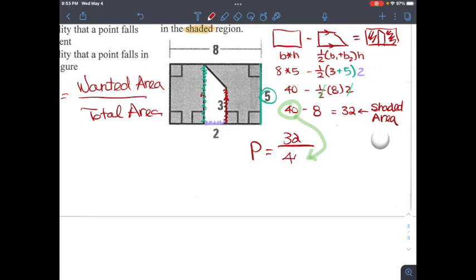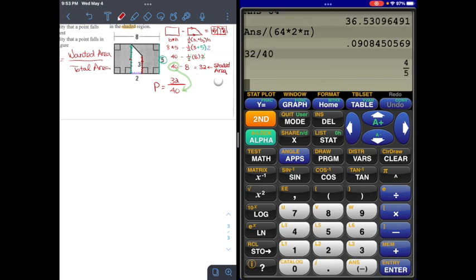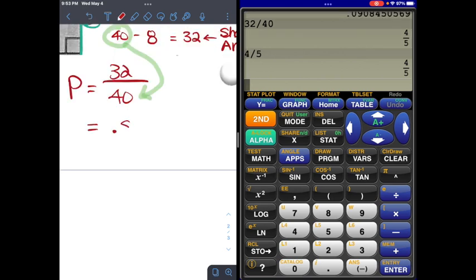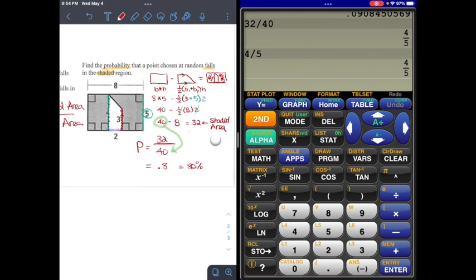So that's the total of the rectangle. And then when you punch it in the calculator, 32 divided by 40 equals 4/5, or if I want to change it into decimal, it's 0.8, or that can equal 80%. And that is the probability to hit the point inside the shaded area.